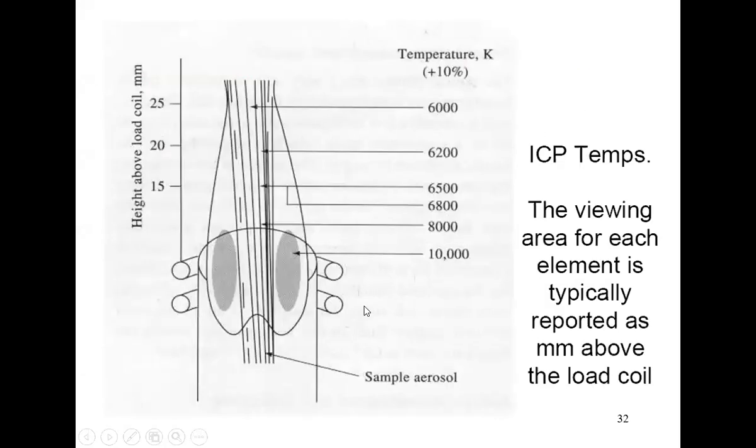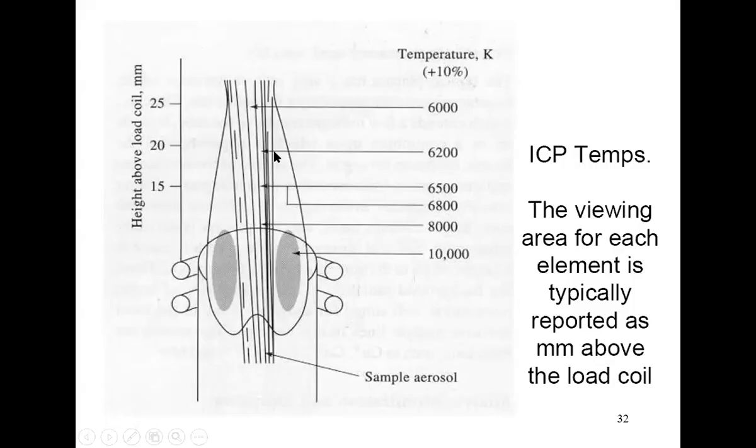So this is the figure, ICP temperatures. The viewing area for each element is typically reported as millimeters above the load coil. So above, notice here, the height load. So 15 to 20 millimeters above this plasma. So this is where you want to observe, or where the radiation should be.